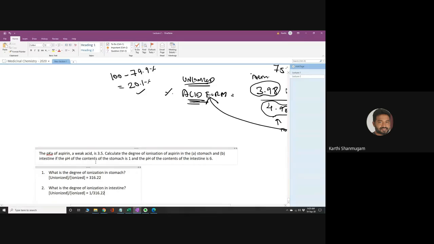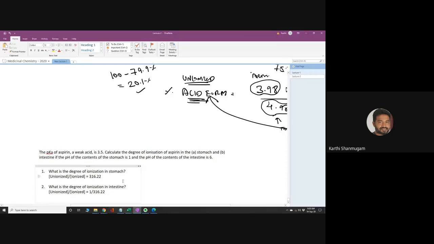Okay, so what is our understanding from the first one? Can we say that for every 316.22 molecules in its unionized form, there is going to be one molecule in its ionized form?